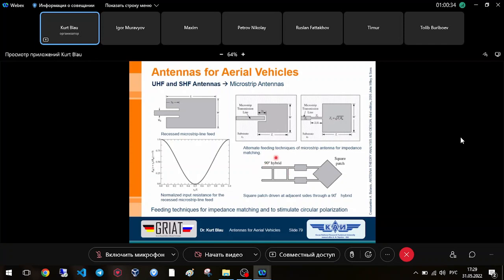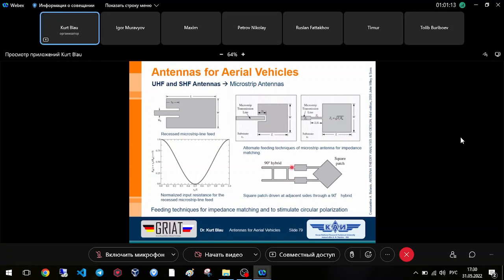Only for explanation, the hybrid makes nothing else than a phase shift between this output and this input. The phase shift between these outputs is 90 degrees. And if you want to change the rotation direction of the circular polarization, then you have to make the opposite. Then you have to realize the hybrid in such a way that the phase shift is exactly the opposite.